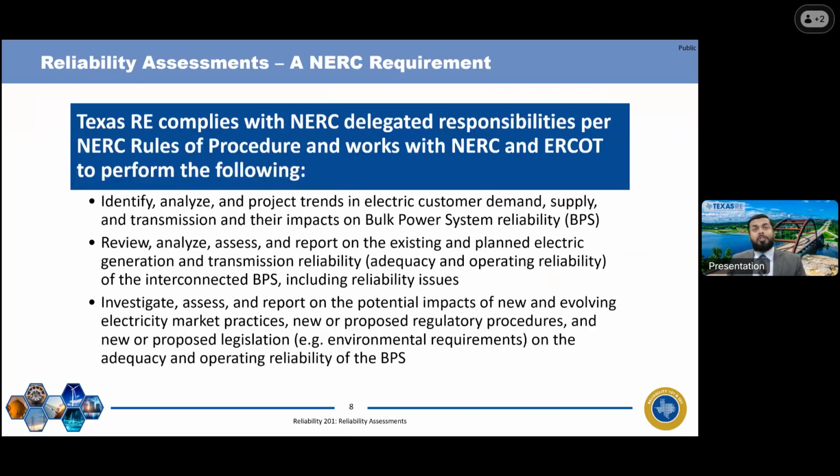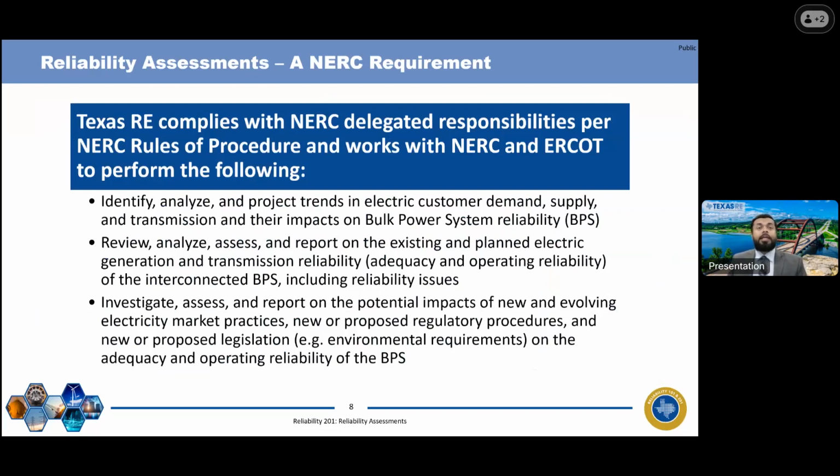Under the rules and procedures, NERC has laid out the foundational requirements in these three bullets. First, identify, analyze, and project trends in electric customer demand, supply, and transmission, and their impacts on bulk power system reliability.